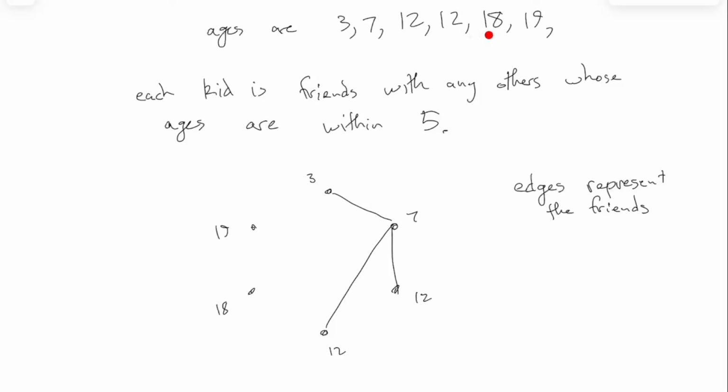I say no, because the difference there is 6 years. The 18 and the 19 are friends with one another, but not with any of the others. All right? So it's like so. And I should say the 12s are friends with one another, right? I think that's what the graph looks like. The edges represent the friendships.